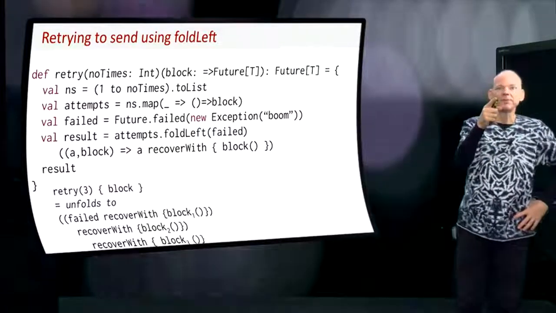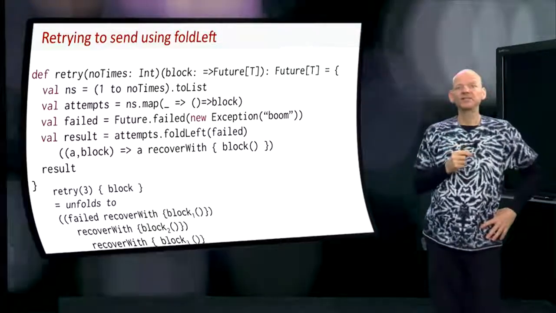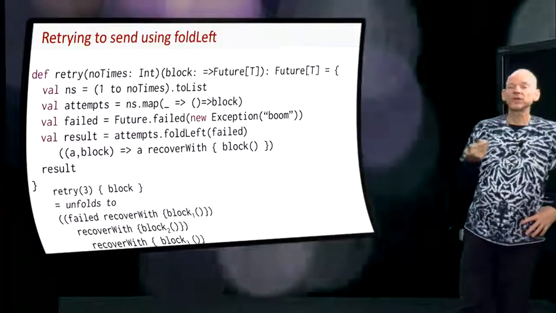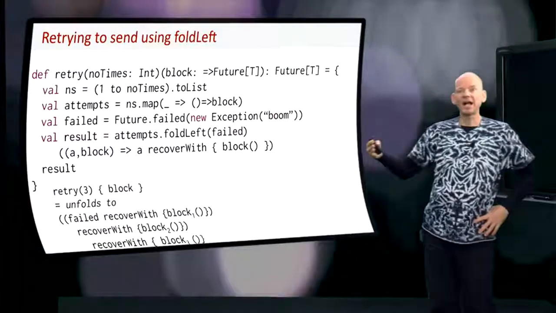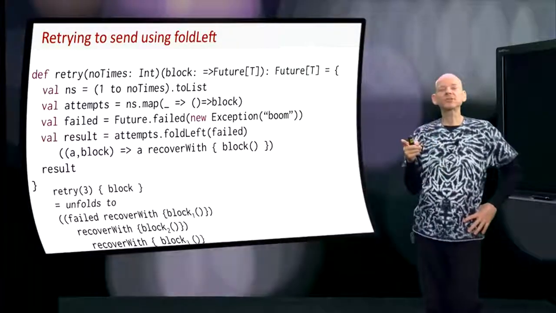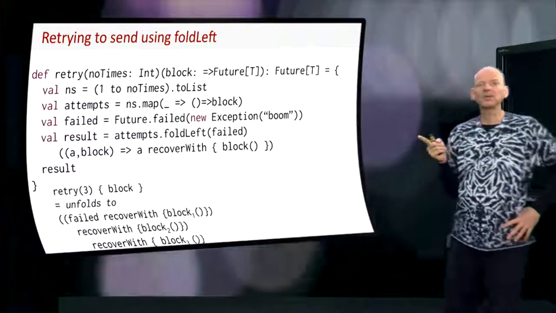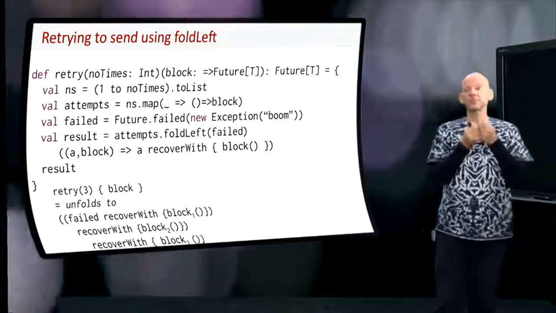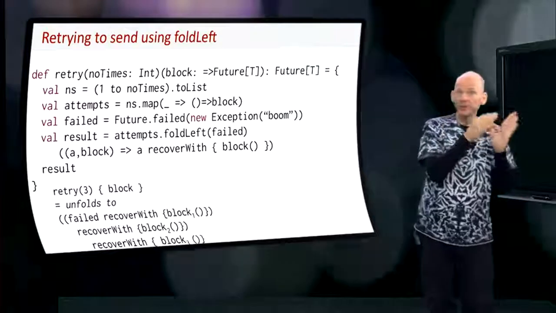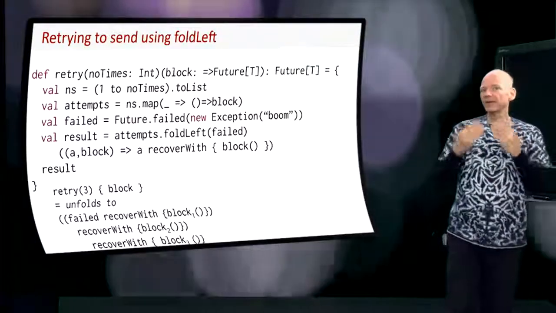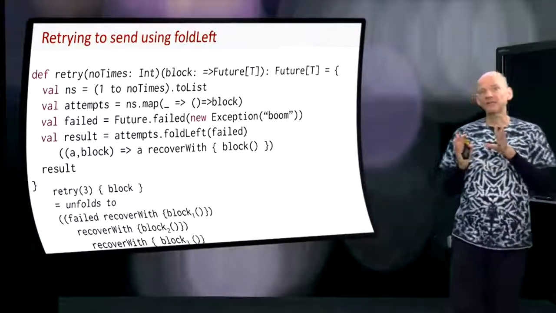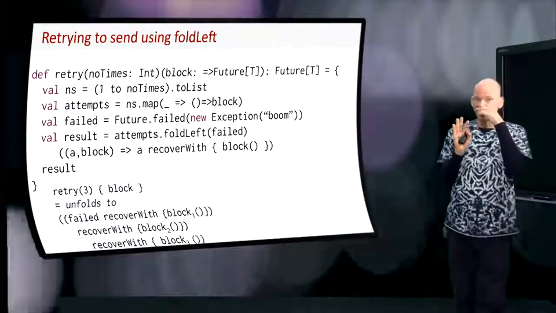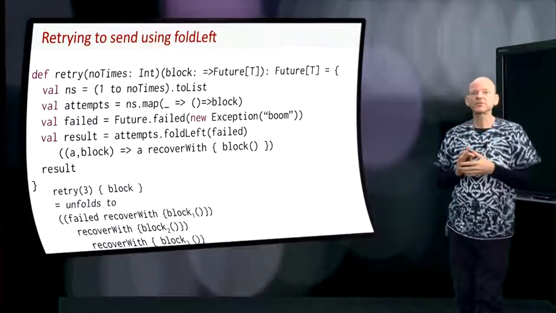Then we will map over that list the block. So now we get a list of n blocks. And notice that we're putting that block under a unit arrow because we don't want to execute the block just yet. We want to execute them one by one, because every time we execute it might have side effects, so we have to be very careful to delay the execution of the block.